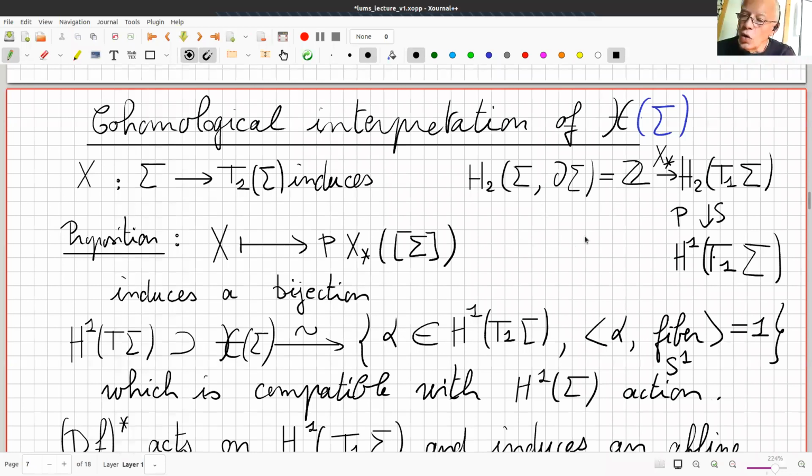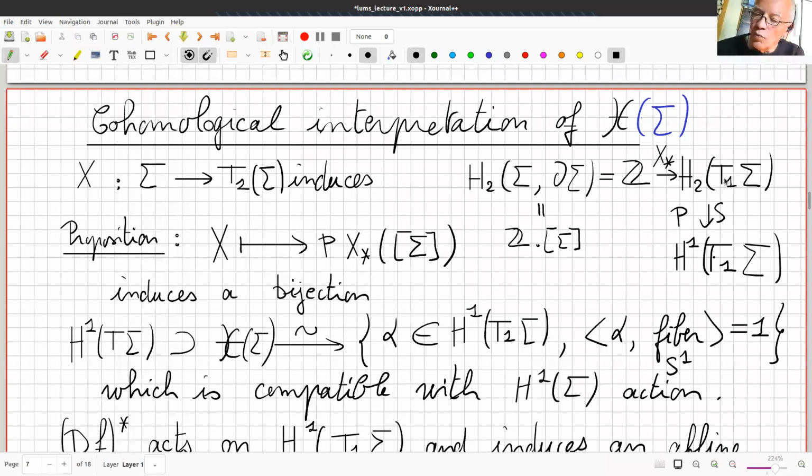And then you go to H2 of T1 of sigma. Here I'm again using quite basic algebraic topology.